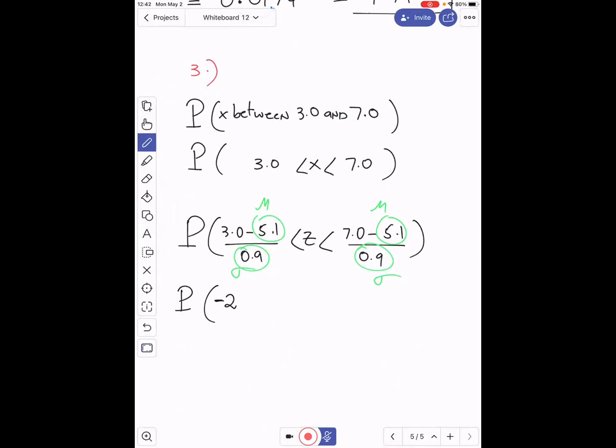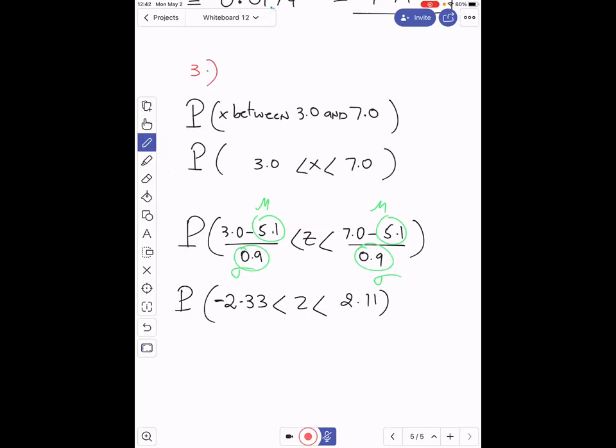We divide by the 0.9, that's negative 2.33. Then there is z, and then the right side, 7 minus 5.1, it's 1.9 over 0.9. And we said that's 2.11, right? So that's 2.11. All right, I converted my x to z.